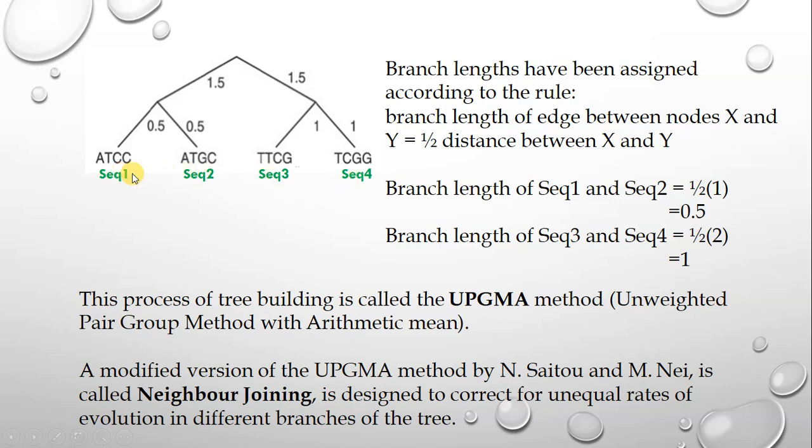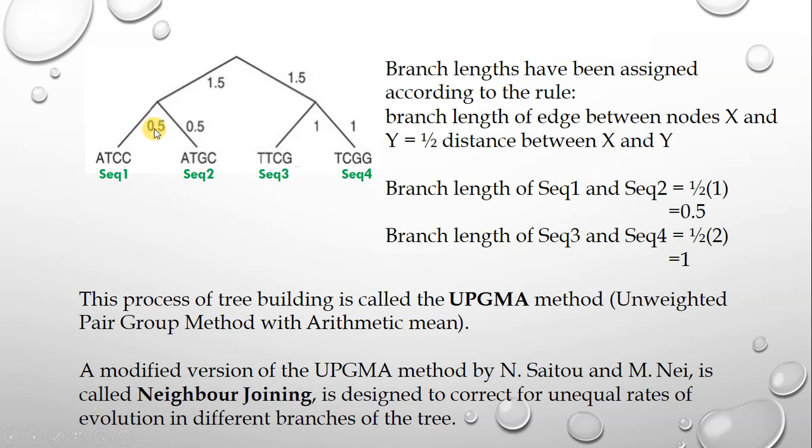The sequence 2 and sequence 1 will share the same node because both of them have shown smaller distance, and the sequence 3 and sequence 4, both of them will group to an individual node.